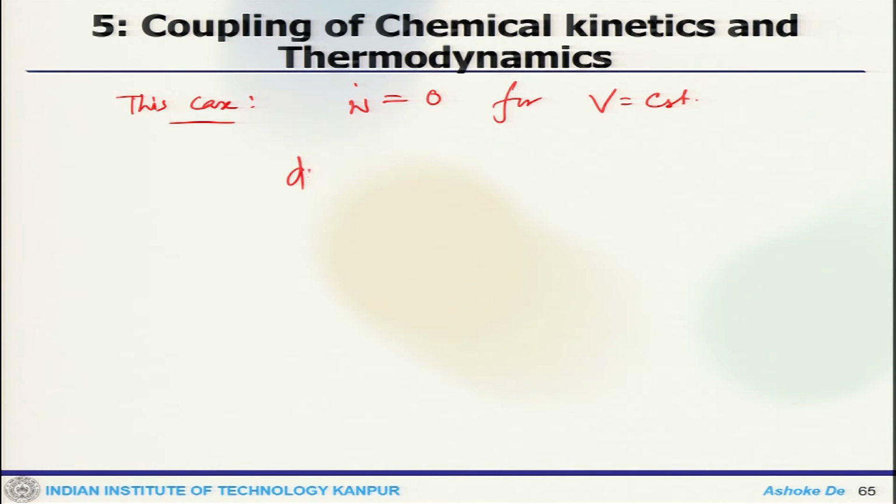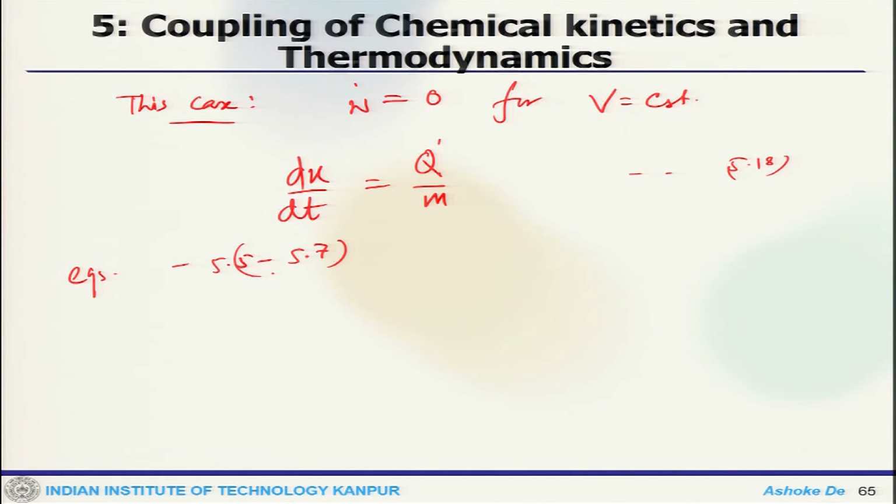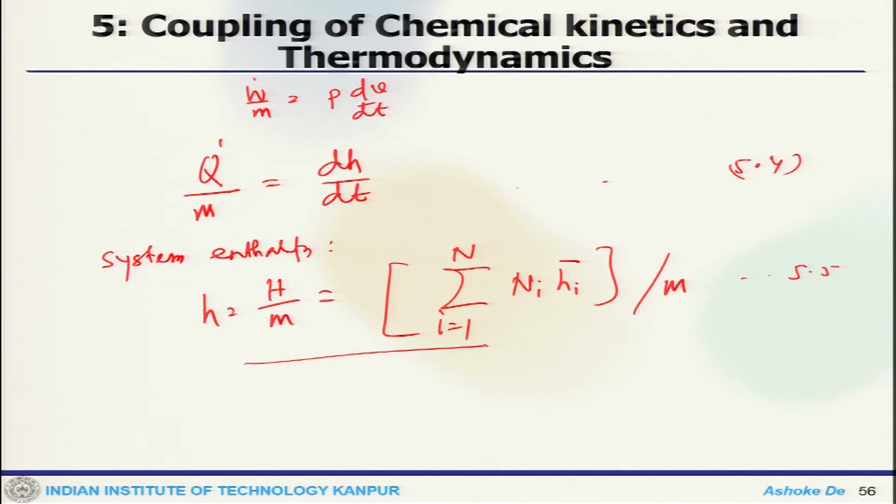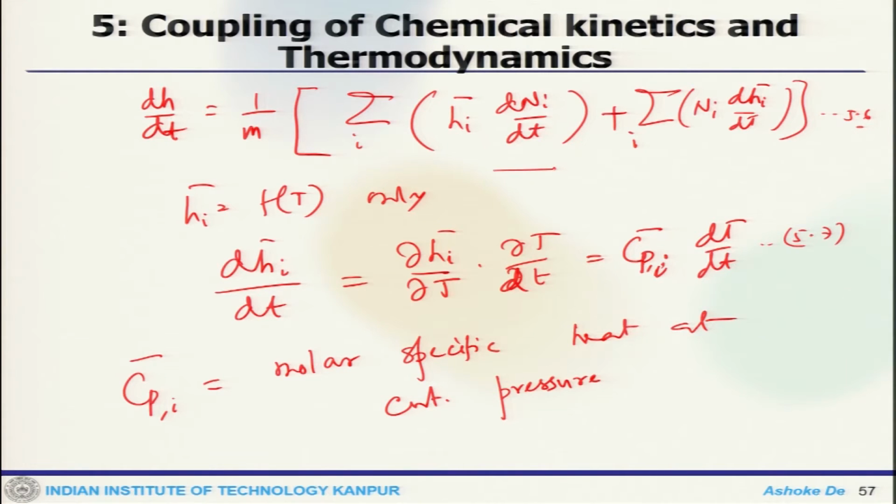So, my energy equation gives dU by dt is q dot by m. Now, U here plays the same role as H in our analysis for P constant. The equations that we got from 5.5 to 5.7, similar things can be developed here and used in this particular equation. So, this is one expression, this is the second expression, this is the third expression.